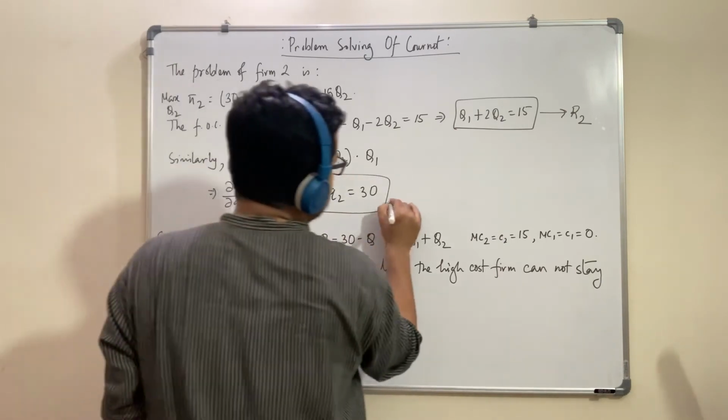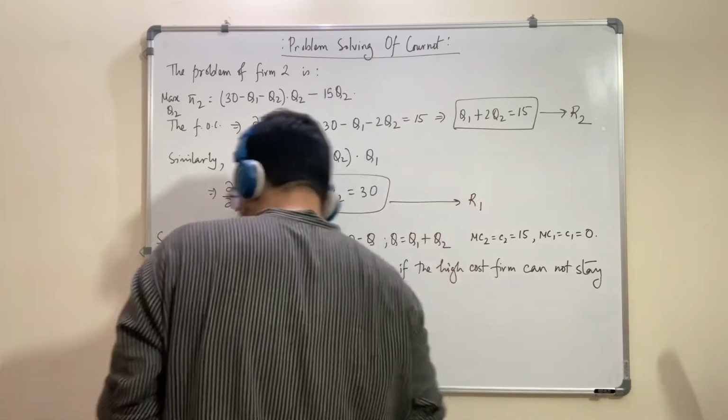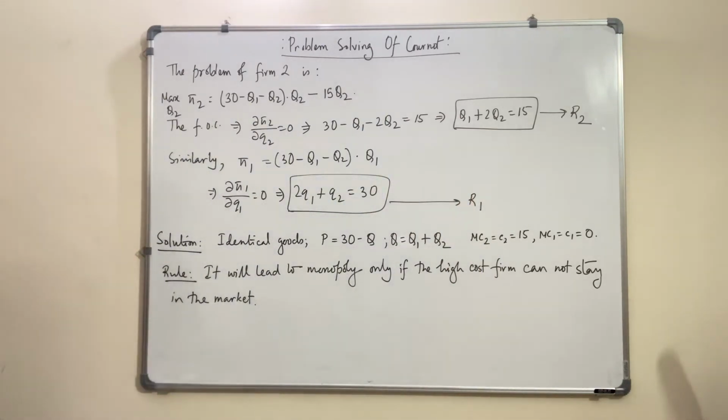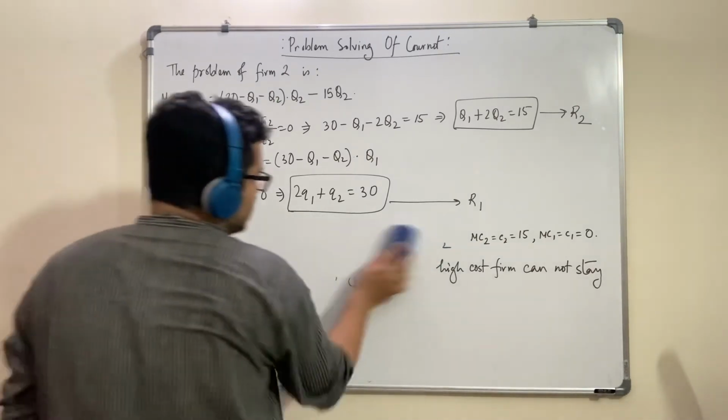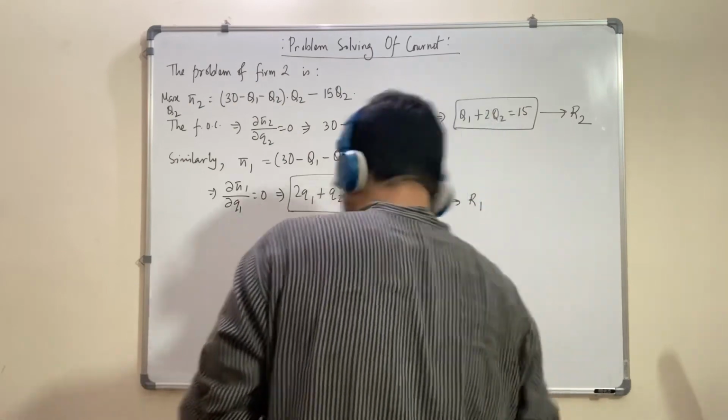So this one is the reaction function of farm 1. Now our job is to solve these two reaction functions simultaneously, so that you can do by yourself.